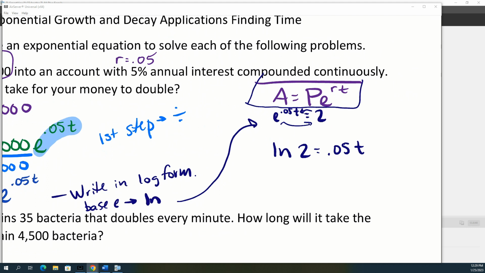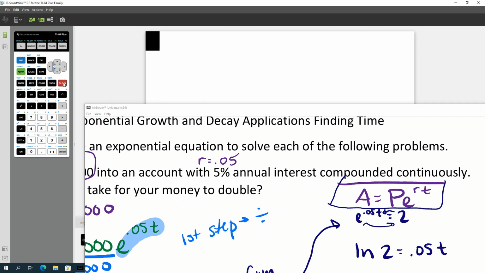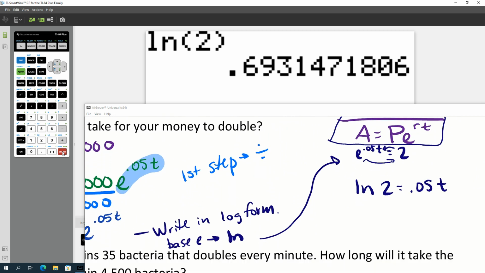Okay, now we can figure out the natural log of 2 in the calculator. Now this was a lesson that I had left early that day, and you guys watched the video to learn it, so I wasn't here to see how well you felt about it. But the natural log button is right beside the 4. So we would do the natural log of 2, and we just jot down that decimal.